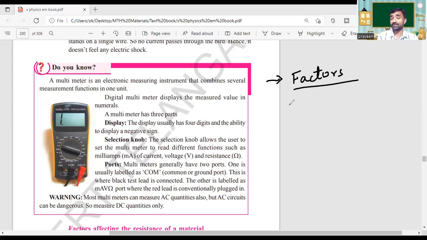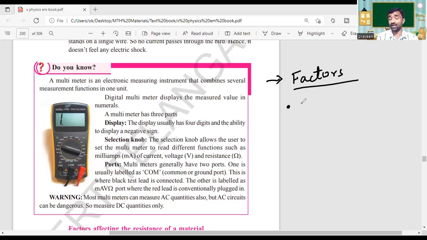Factors affecting the resistance. Already we have decided, in Activity 1, we used nylon wire and copper wire. Nylon wire does not conduct electricity, copper wire conducts electricity. So we decided on material, conductors and insulators.